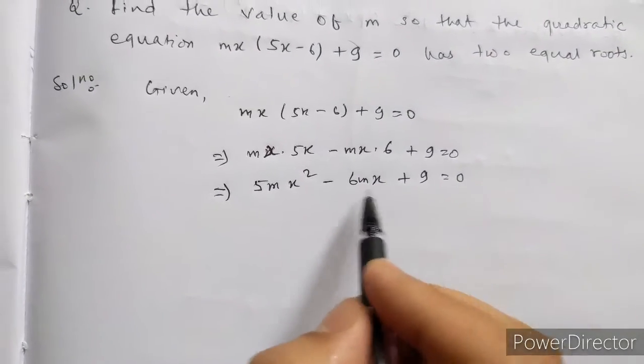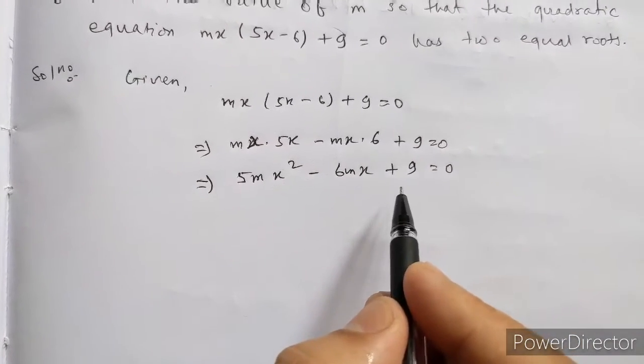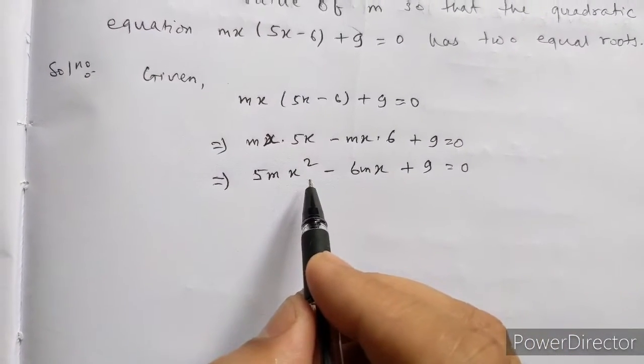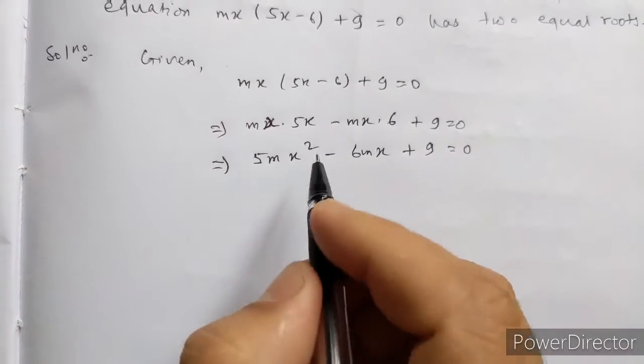So this is a form of quadratic equation because the highest degree of the variable in this equation is 2, that means x square.